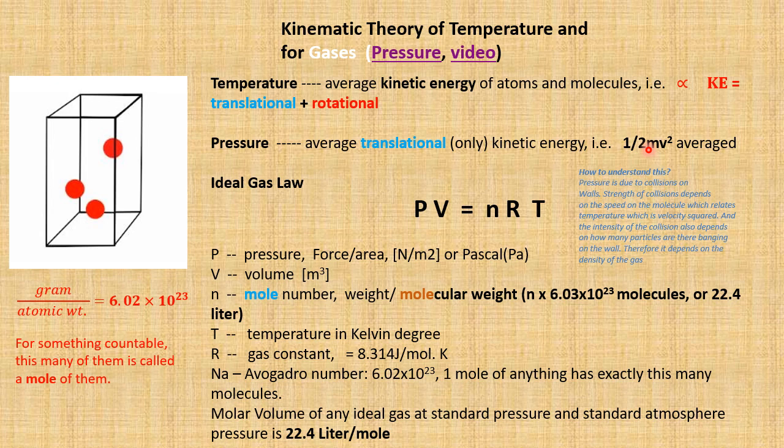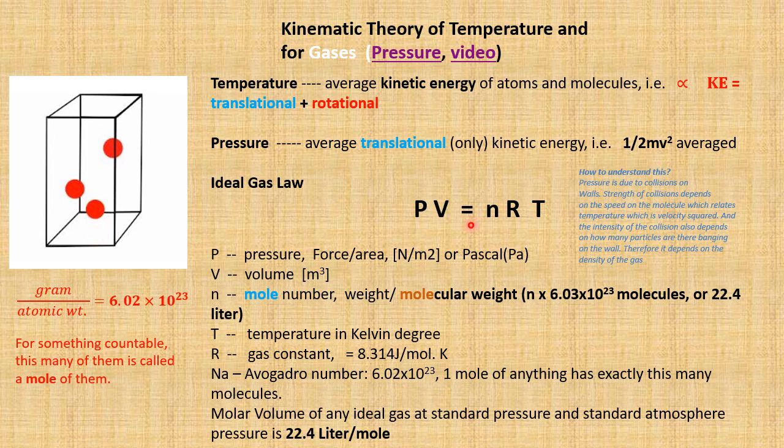In your intuition, the higher the temperature, the faster the balls will move, and the harder they hit the wall, and therefore the pressure will be higher. So if everything else is fixed, you expect the temperature-pressure relation to be a linear increase.